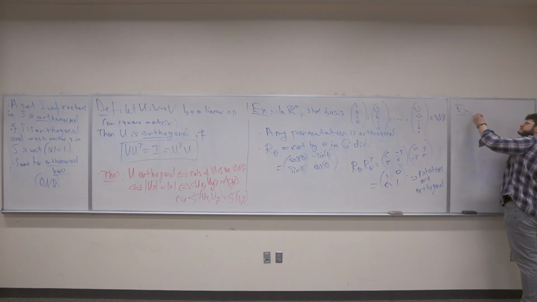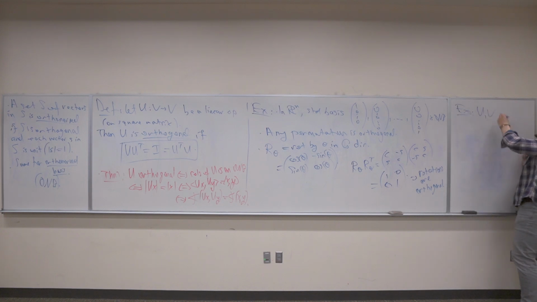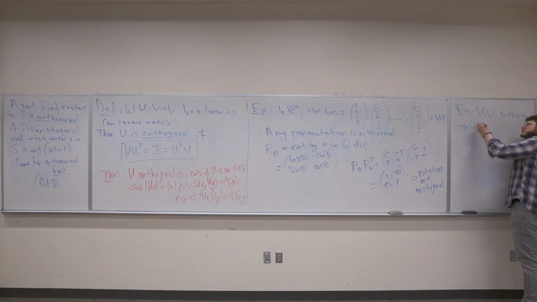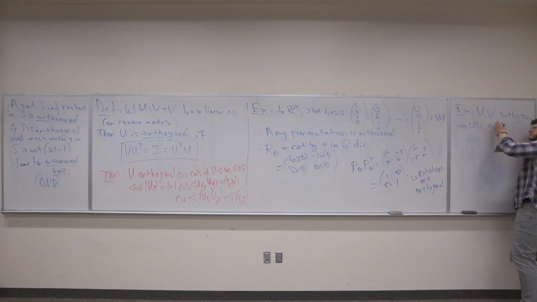For example, U and V orthogonal means U times V is also orthogonal.